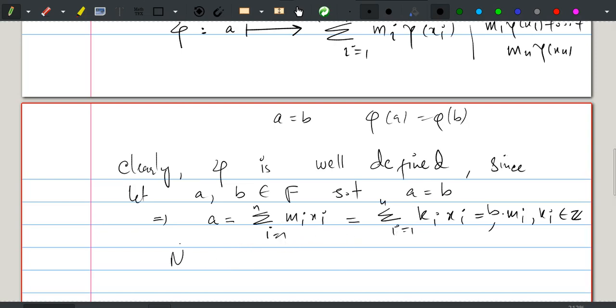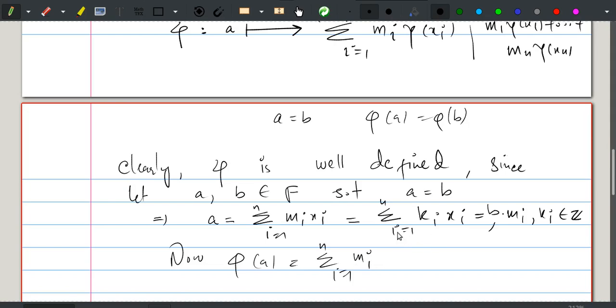Now phi of a is the same as the sum as i goes from 1 to n of mi gamma of xi. Now these two elements being equal forces the mi's to be equal to ki's. So one can write, this implies mi is equal to ki for all i.